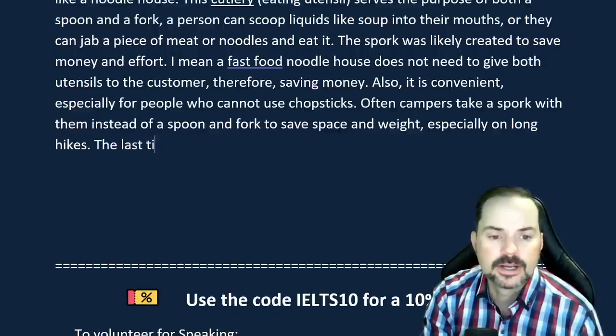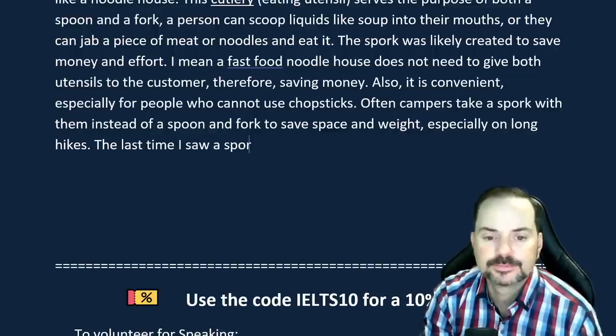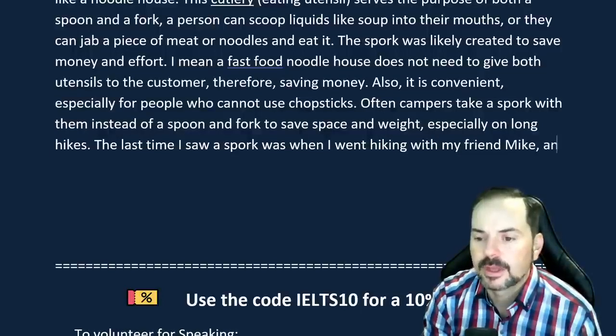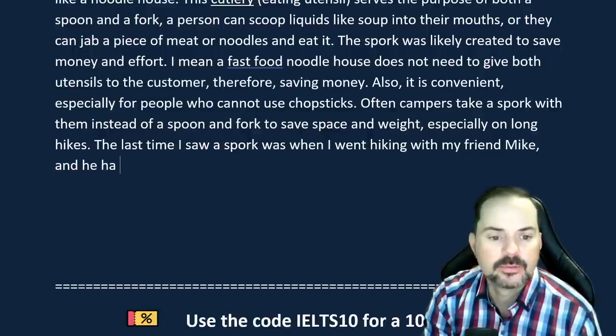The last time I saw a spork was when I went hiking with my friend Mike, and he had one with him.